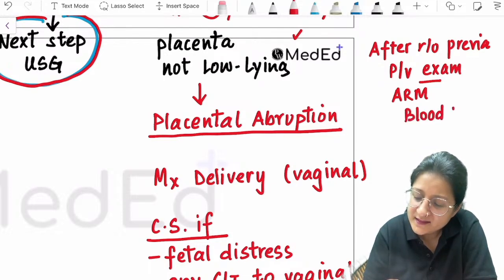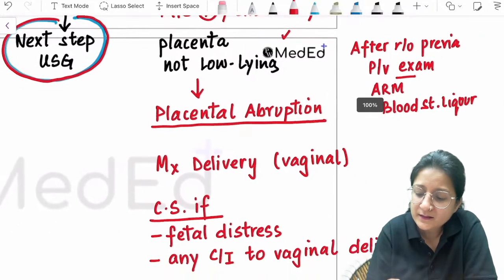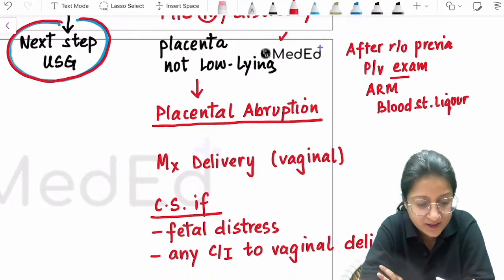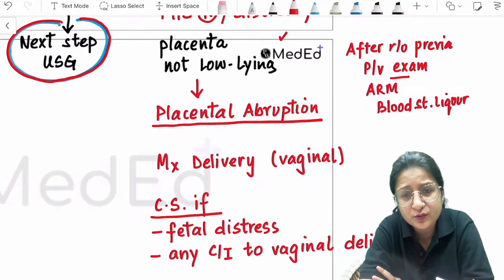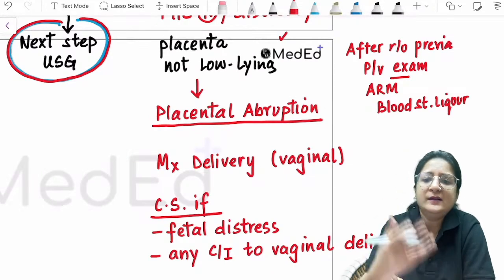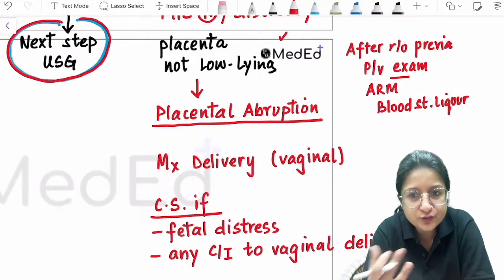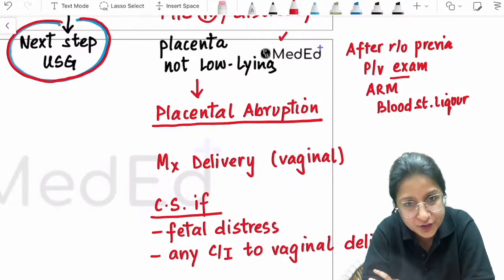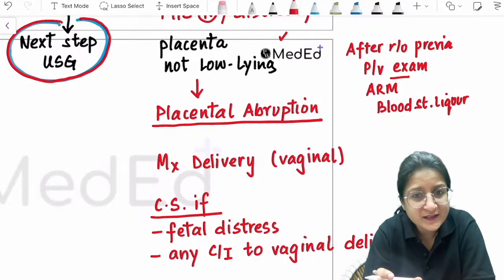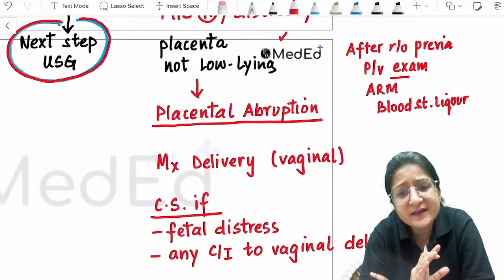We can find blood-stained liquor, and that will in turn confirm our diagnosis also. And doing ARM will also help to increase the uterine contraction so that the woman progresses in labor faster, because the management of placental abruption is going to be delivery.